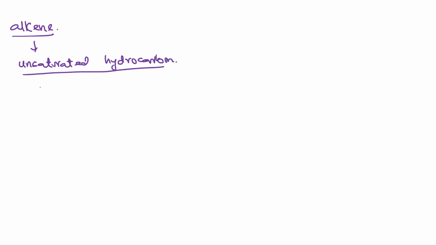Now we can start discussing what an alkene is. So alkenes are unsaturated hydrocarbons. Now, what is an unsaturated hydrocarbon? A hydrocarbon whose carbon is not fully occupied. Can you not say a carbon-carbon double bond?